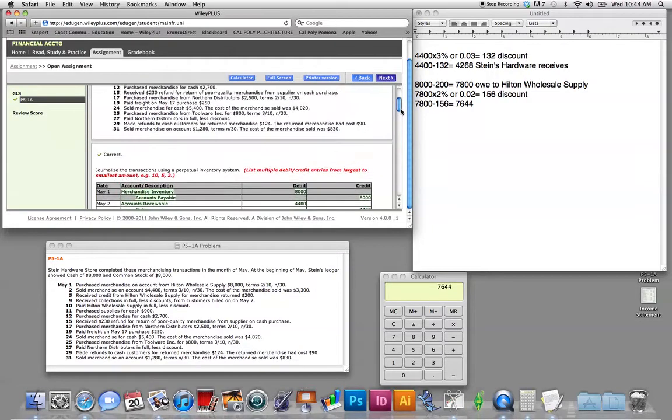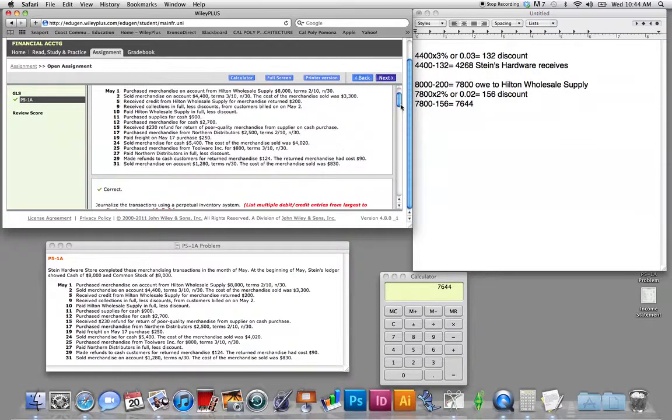Alright, next transaction is we received a $230 refund for return of poor quality merchandise from supplier on cash purchase. So the supplies that we purchased were returned because of poor quality merchandise.